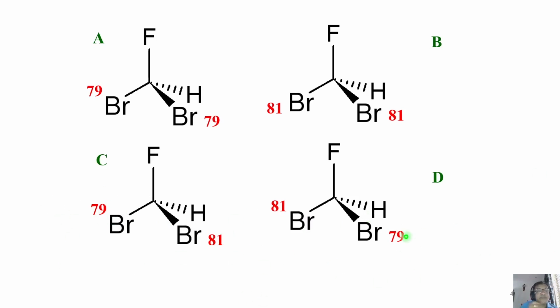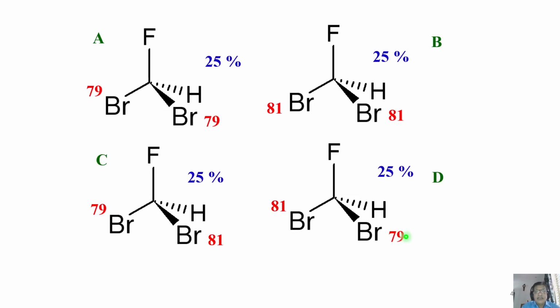So how many isotopomers are there in this molecule? Four different isotopomers. And what is the probability of each of them? Because of equal abundance, each is 25%. If there are 100 molecules, this is 25%, this is 25%, this is 25%, this is 25%. All are equally probable.